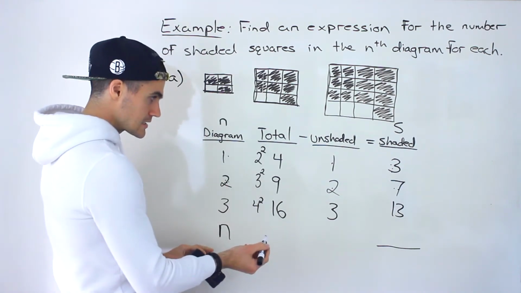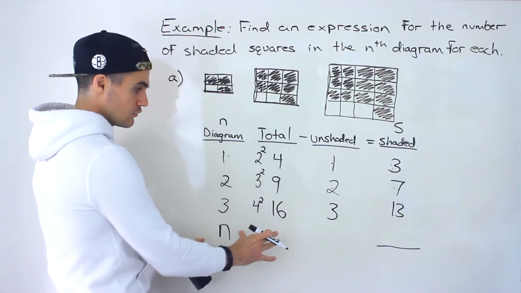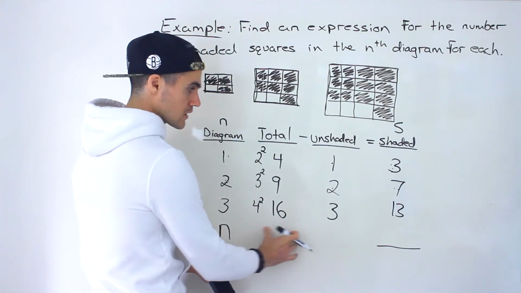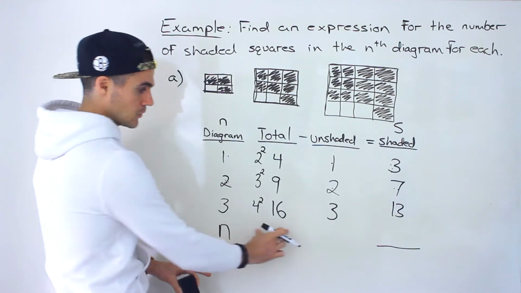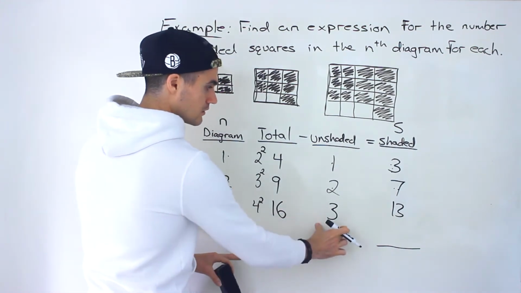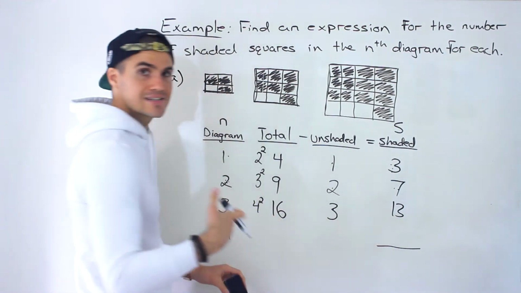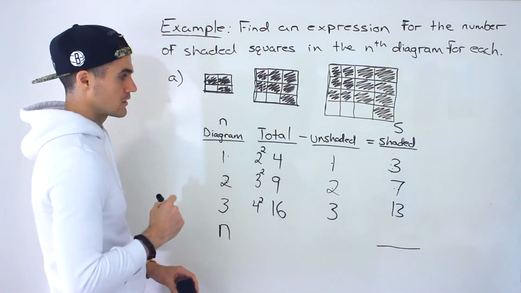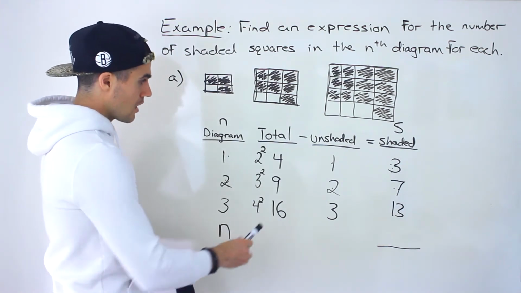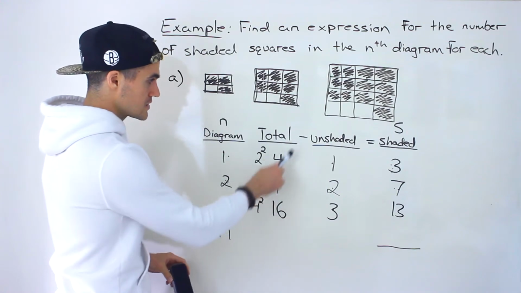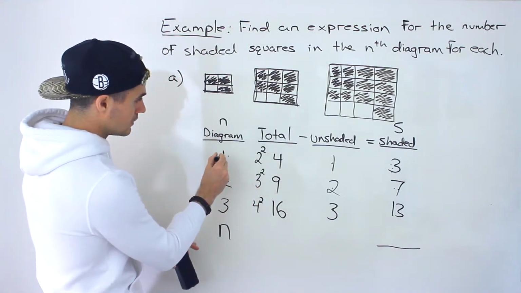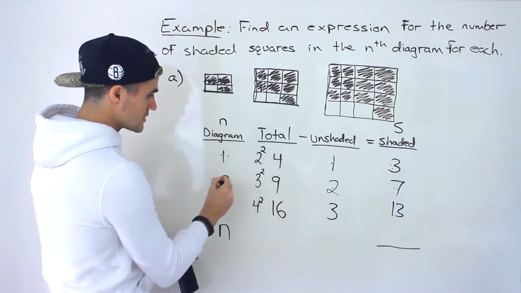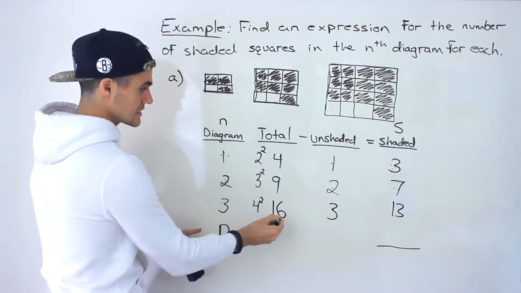So let's try to create an expression for the total number of squares and then the unshaded number of squares for the nth diagram. And then once we have those, we can just subtract them to get that shaded number of squares relation. So let's start off with this total column here. How can we relate this 1 to this 4, or this 2 to this 9, 3 to 16?